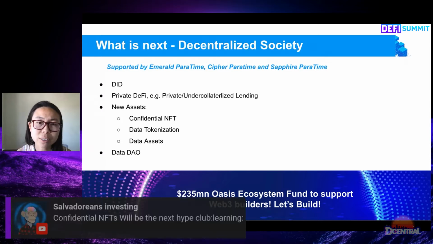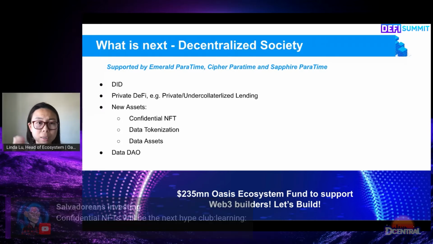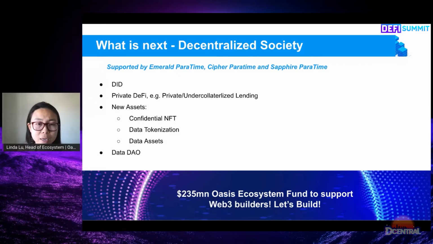So what's next? We're thinking that for DeFi to move to the next stage, it needs to integrate real world use cases, and be integrated in the general Web3 and a decentralized society as well.